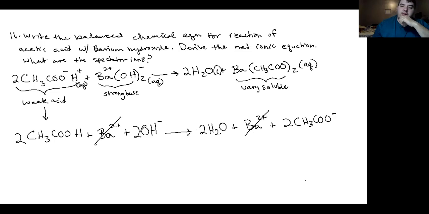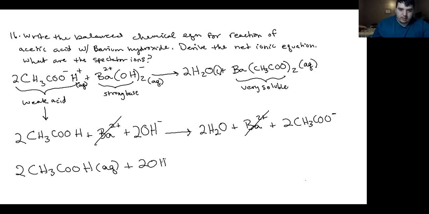And then if I look at the hydroxides, I don't have any other hydroxides over here, so hydroxide has to stay. And likewise on the right, water's not going to cancel out with anything, so that has to stay. And the acetate ion doesn't react with anything, so that has to stay. So what do I get as a final solution here? Well, I've got 2CH3COOH, and again, that was an aqueous state, plus 2 hydroxide ions.